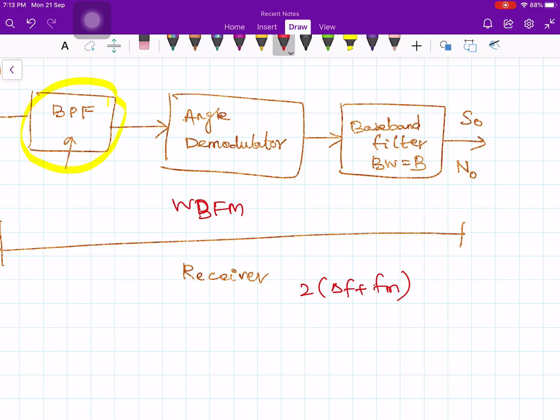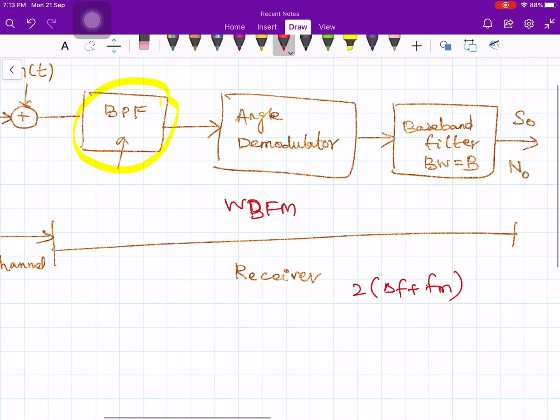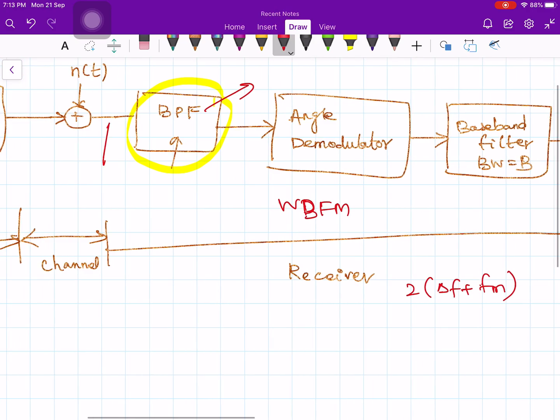Then the bandwidth of this band pass filter must be equal to the bandwidth of the modulated signal. Whatever bandwidth is coming in must be allowed to pass through this band pass filter.